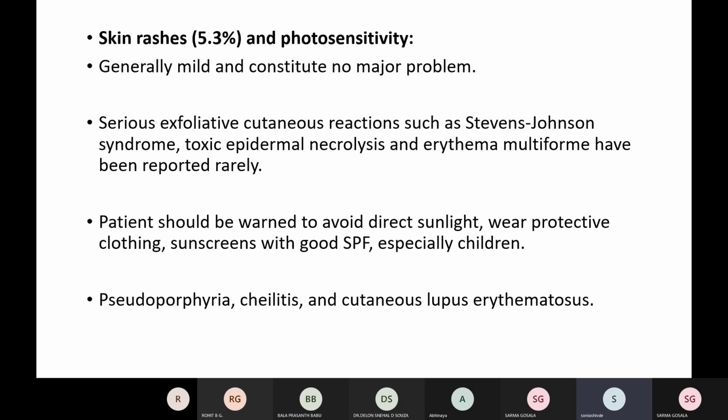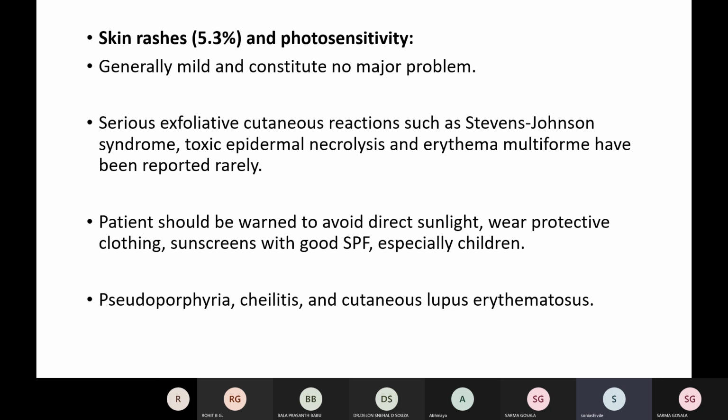Coming to another important side effect, that is skin rashes, which are seen in 5.3% of cases, and photosensitivity. Skin rashes themselves generally are mild and constitute no major problem. However, serious exfoliative cutaneous reactions like Stevens-Johnson syndrome, toxic epidermal necrolysis, and erythema multiforme have been reported rarely.